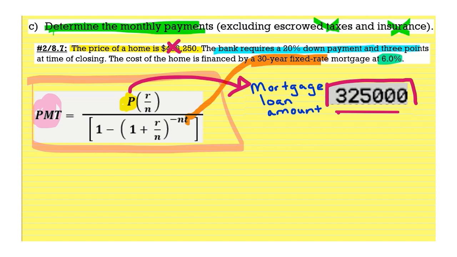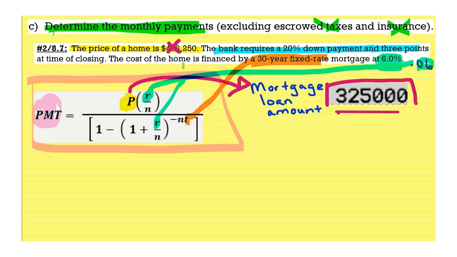And then we have a 6% rate. So not 6, but what is it going to be? It's going to be 0.06. That number is going to go into the rate position. So that number will go into this position where the R is, and also where this R is as well.